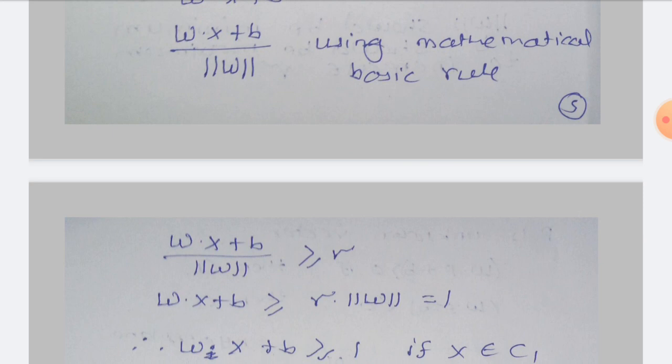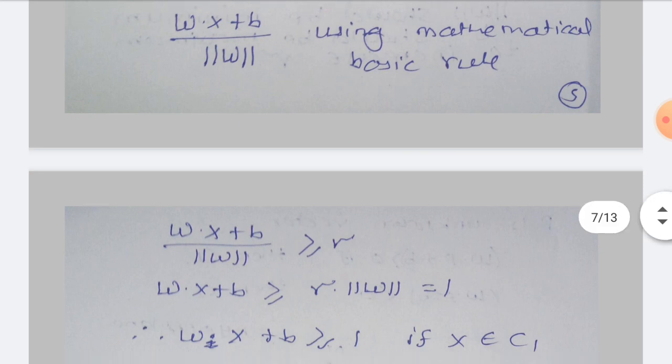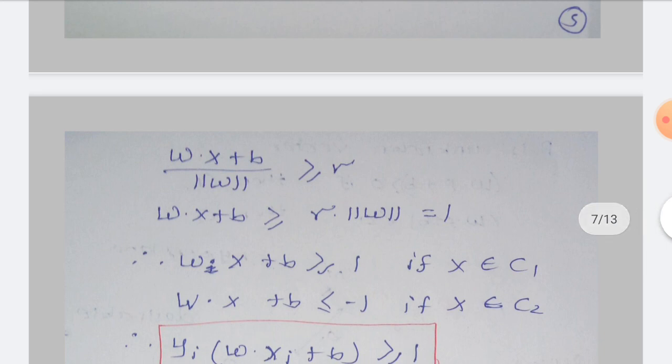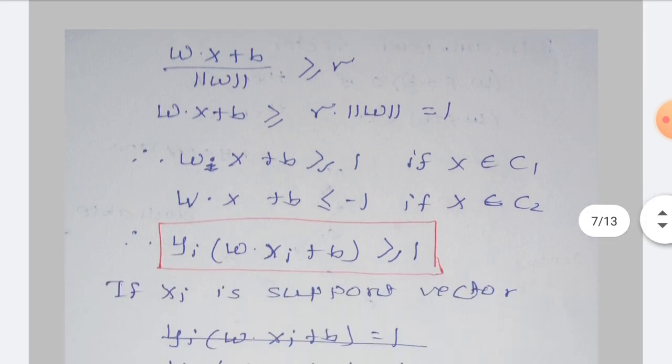By scaling, we get gamma times mod of W equal to 1. Now the equation becomes W dot X + B is greater than or equal to 1 when X belongs to class 1, and W dot X + B is less than or equal to minus 1 when X belongs to class 2.